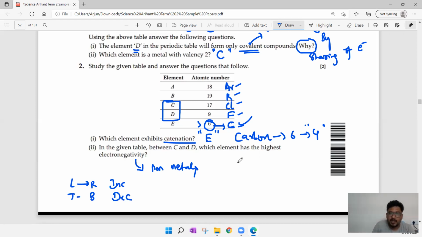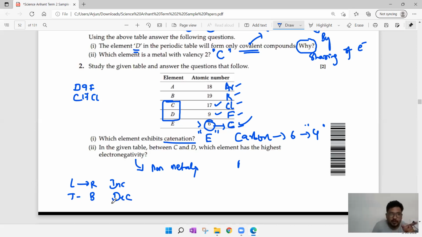Means, while coming to C and D, atomic number 17 and atomic number 9, if you observe the periodic table placements, that D element will be on top because its atomic number is 9, which is nothing but fluorine. And C element, atomic number 17, will be below that fluorine because that element is chlorine. Between fluorine and chlorine, which has greater electronegativity, which is the good non-metal if they ask?